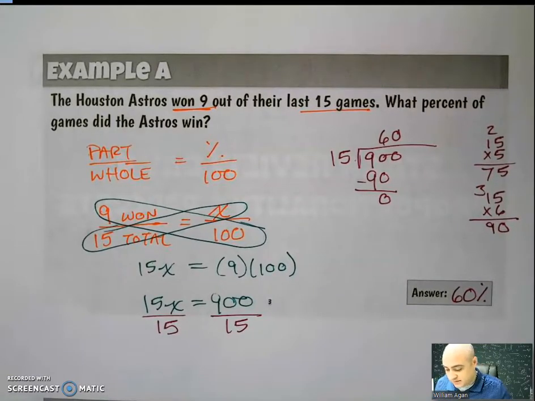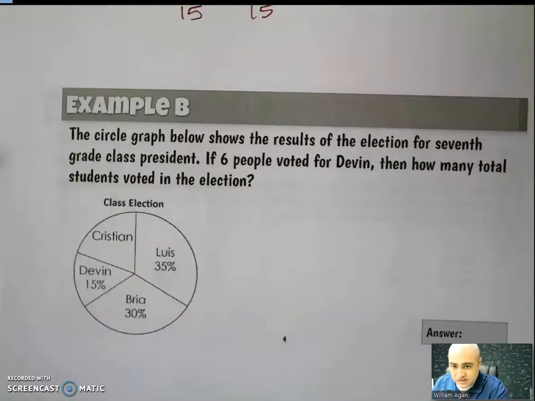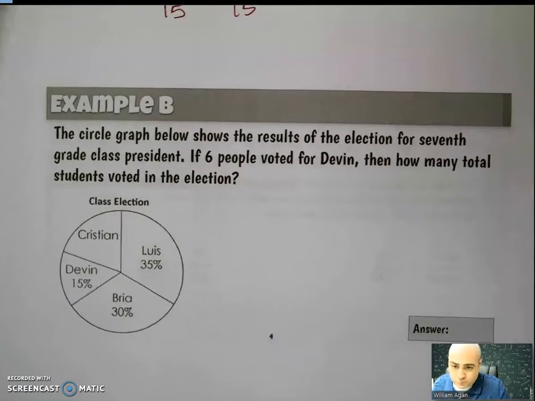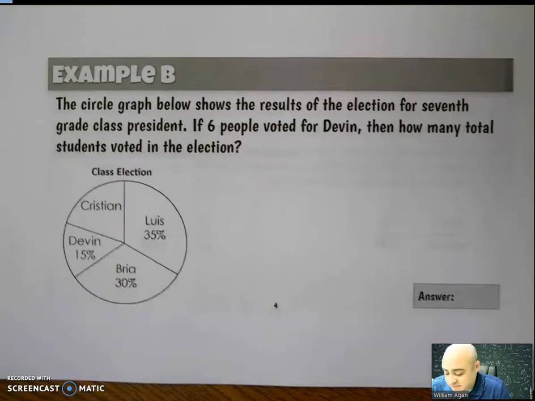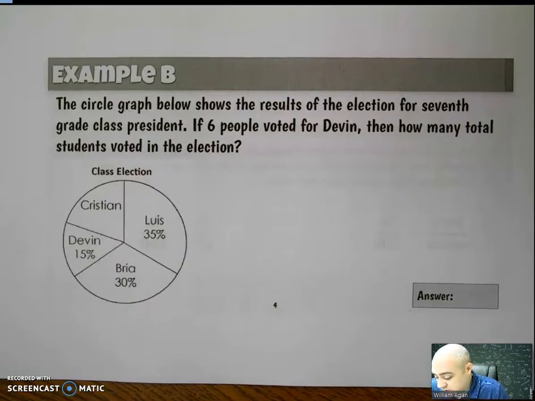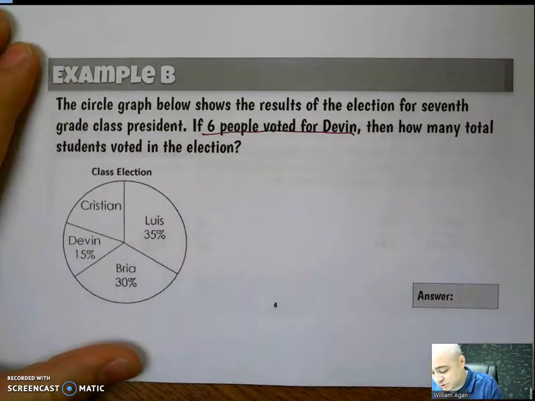Okay. Let's look at example B because it actually is also a percent proportion. Sometimes they can use a circle graph or a bar graph to give you a percent proportion problem. So the circle graph below shows the results of the election for 7th grade class president. If 6 people voted for Devin, then how many total students voted in the election?